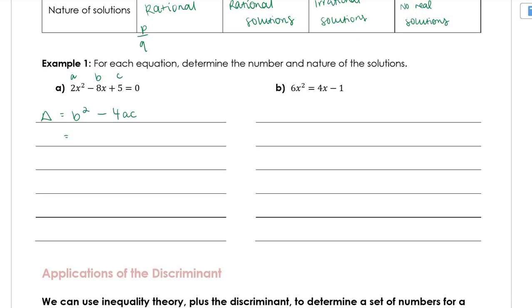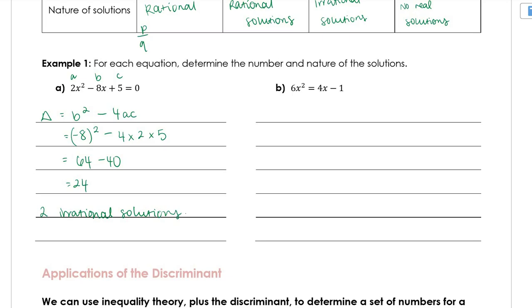So in this case, our discriminant is going to be -8 squared minus 4 times 2 times 5, okay? -8 squared is 64, and then we're going to take away 40, and that is 24. Now, 24 is not a perfect square, so we have two irrational solutions for this one. Okay, so we still have two solutions. We've got two x-intercepts, but they're going to be irrational.